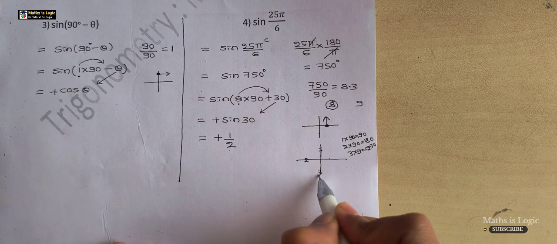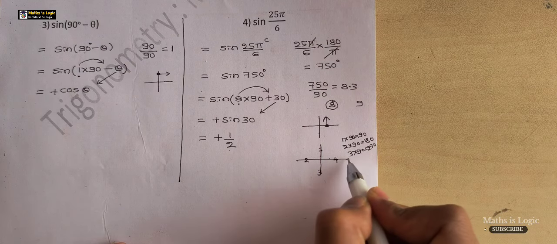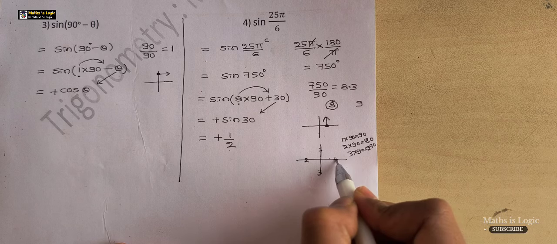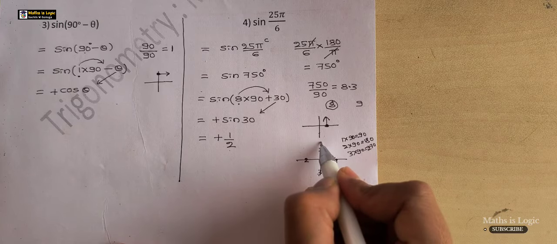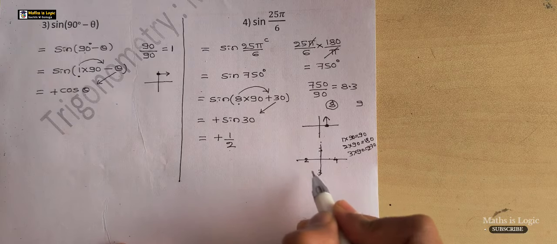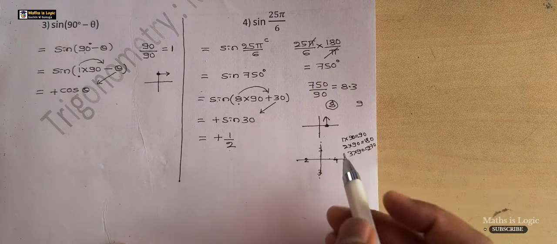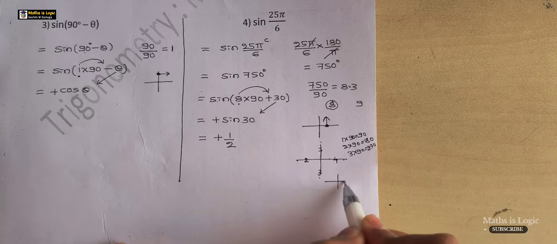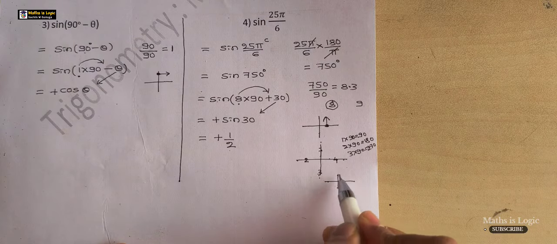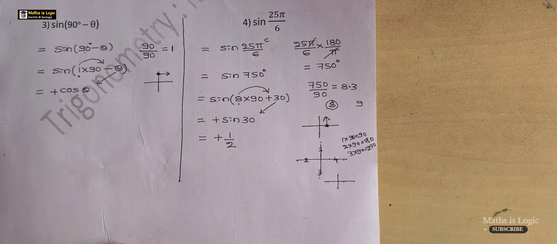Here 4 into 90 means 360. 5 into 90 comes here, then 6 into 90, 7 into 90, 8 into 90, like this it will go on. Therefore easily remember 0, 1, 2, 3, 4, 5, 6, and so on.